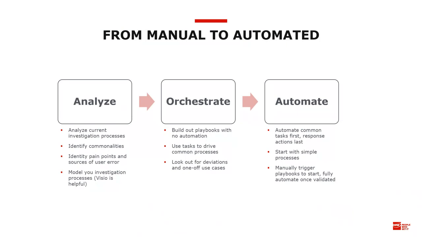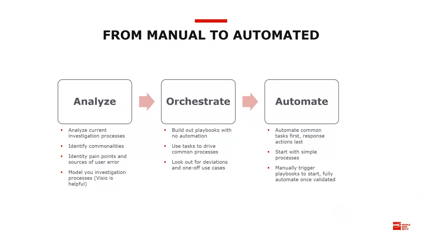So you want to look at how your team is investigating incidents, find commonalities, and identify what their pain points are. That's where the automation piece is really going to come in. If something is time consuming, repetitive, or prone to human error, those are really good candidates for automation.